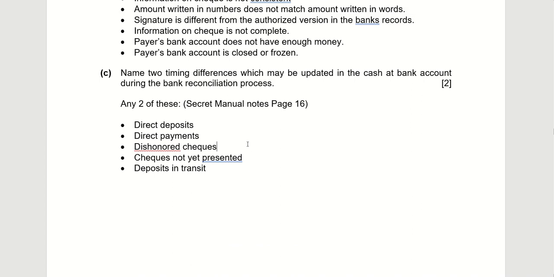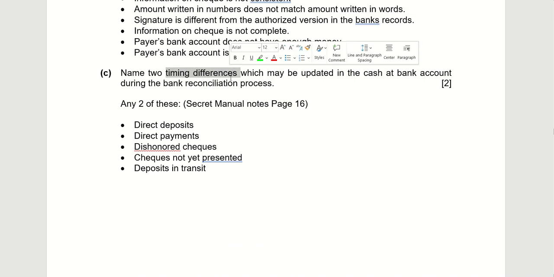Okay, C, name two timing differences which may be updated in the cash at bank account. So again, secret manual, page 16. These are any two of these. Direct deposits are what another person directly puts into your bank account, maybe via PayNow, PayLah, or internet banking.